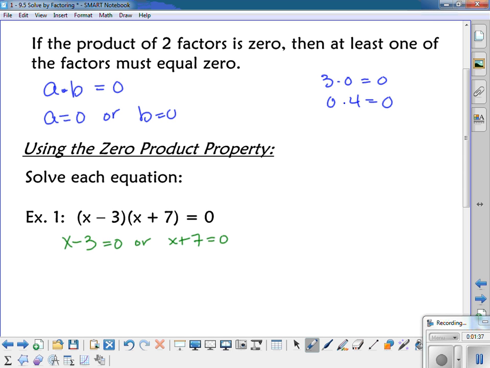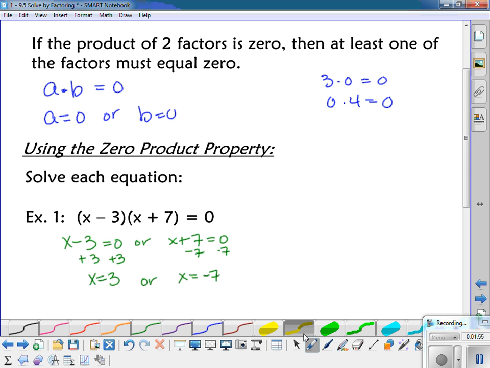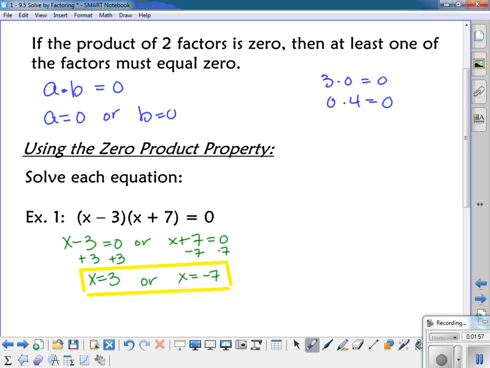So now it's just a real basic equation. You just solve for x. So on the left here, I add 3 to both sides, and I get x equals 3. And over here, I subtract 7 from both sides, and I get x equals negative 7. So x could equal 3, or x could equal negative 7. Either one of those is going to give me a 0.